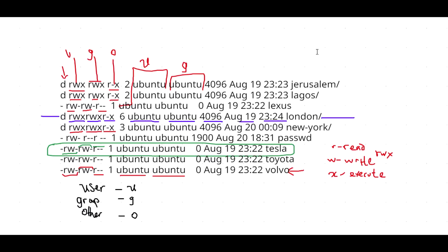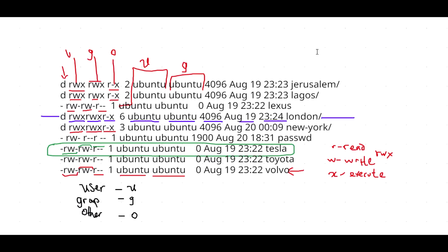I hope you are seeing my whiteboard. Are you able to see my whiteboard, please? Yes. Good. Now, the remaining 3 parts are permissions as well, grouped in 3 bits. This is the first bit, second bit, and the third.